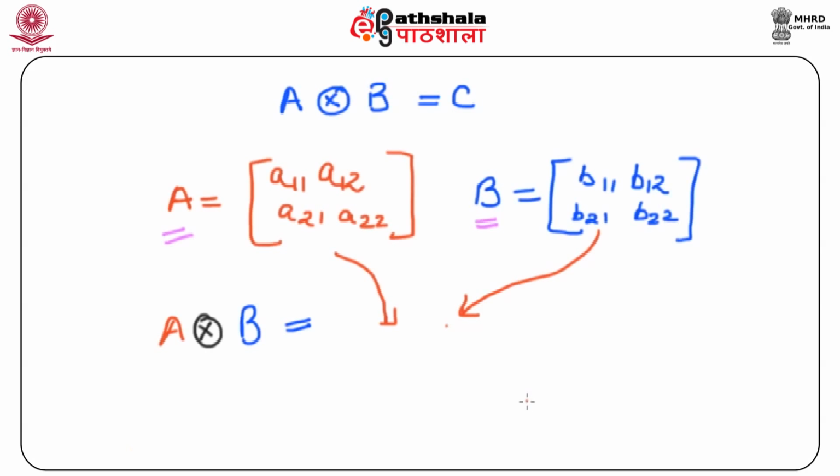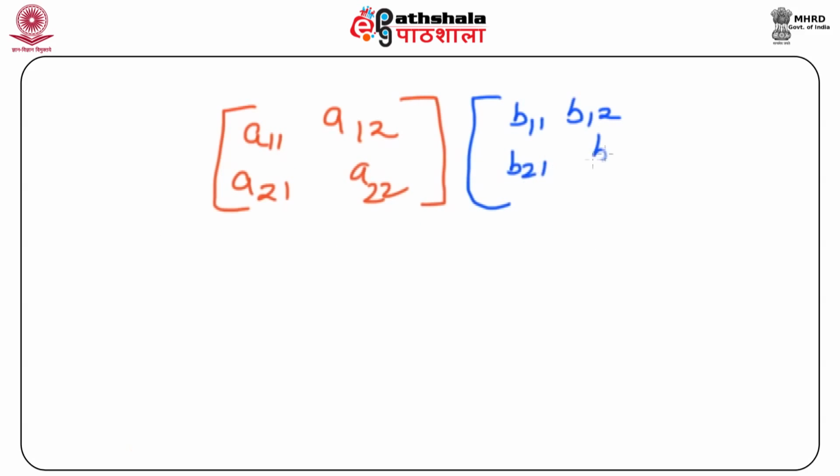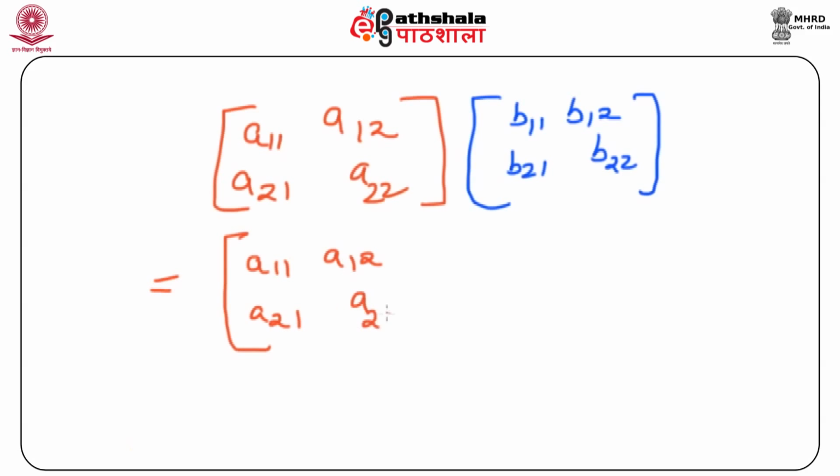And let us try to understand how this will be done. So we have these two matrices, and the direct product of these two will be as follows. We take this matrix and say that it is being multiplied by this, and this is being represented in terms of this.